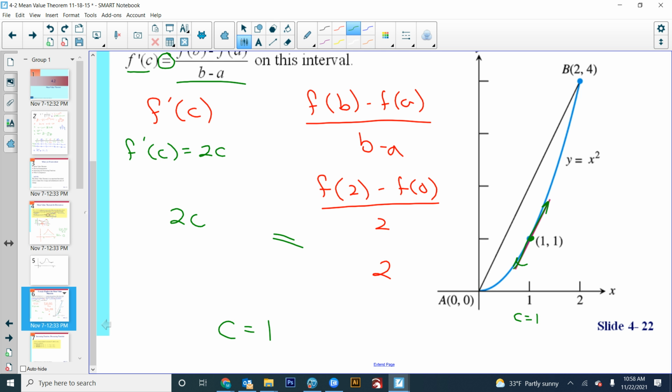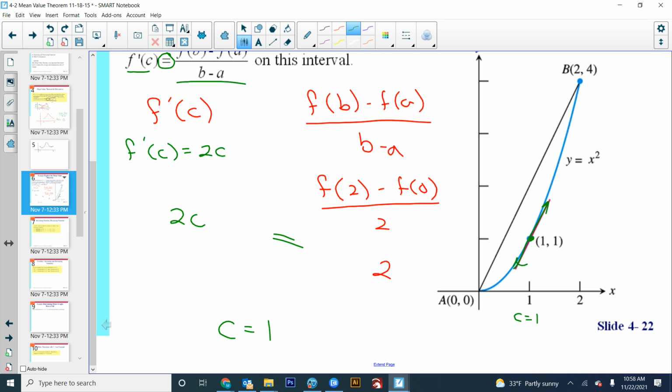What would you do if you got a point outside of your interval? Like, what if you had to solve a square root problem and you got plus or minus 1? Ignore the negative if it's a positive interval, right? Just apply the positive answer of it, the one that's on the interval. Make sense? All right. We're going to have some MVT problems for tonight.